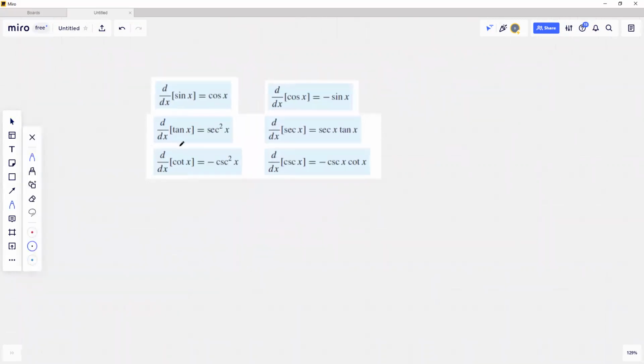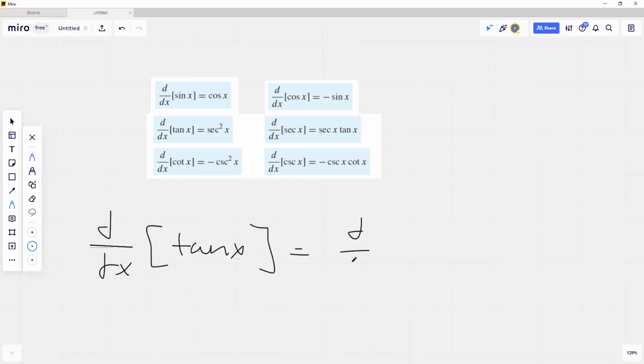So for instance, let's show the derivative for tangent of x. We can expand tan of x as sine of x over cosine of x.